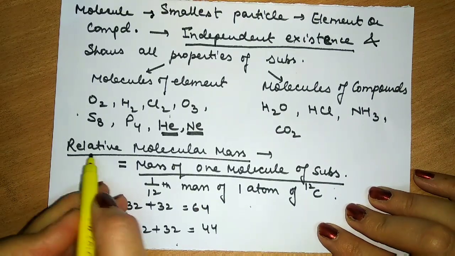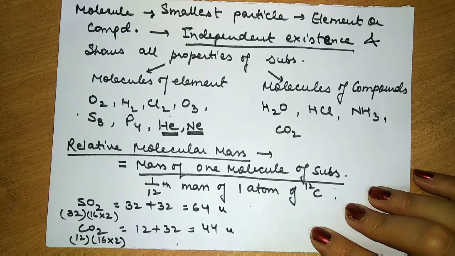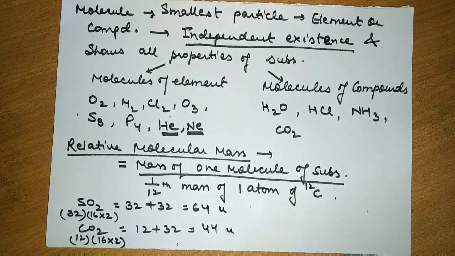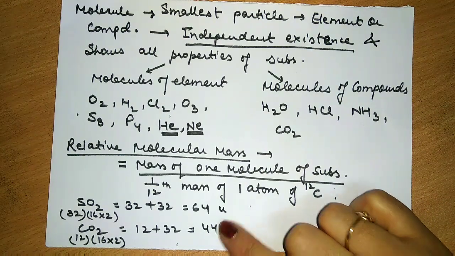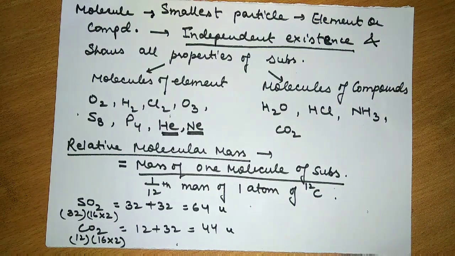If I talk about relative molecular mass, it is always in unit. If I write it as gram molecular mass, it means we'll talk about the mass of 1 mole molecule of compound, then it would become grams. So unit gram में कैसे बना, that I have explained in the previous video, that means first part of this. So go through that, then you can easily understand what is the difference and how do we have converted this unit into grams. Clear? So this is about the molecular mass.